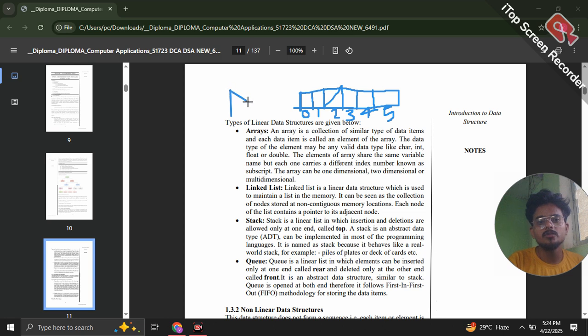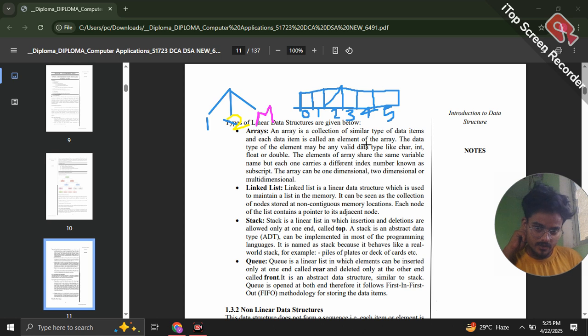Array is further divided into one dimensional, two dimensional, and multi dimensional.